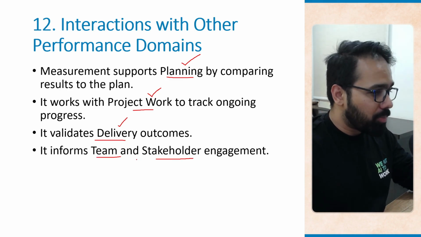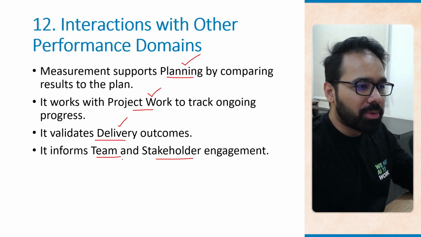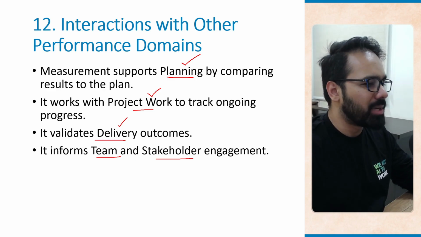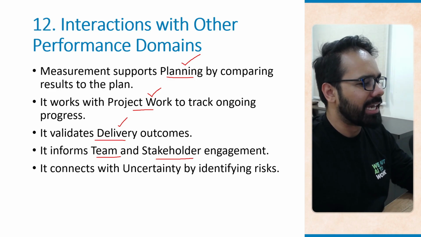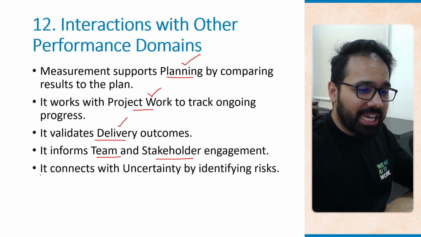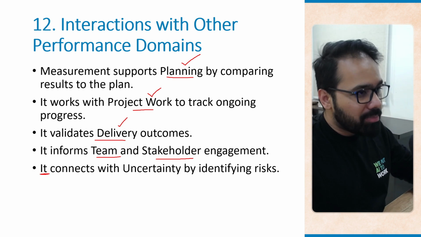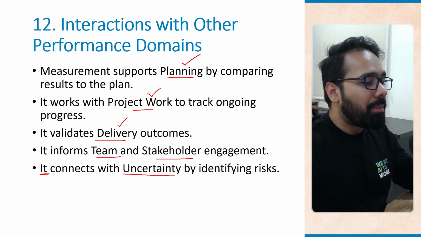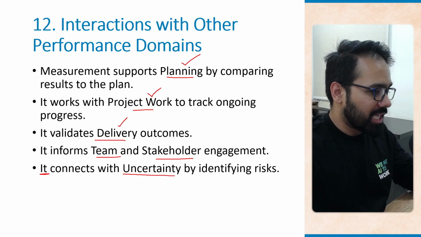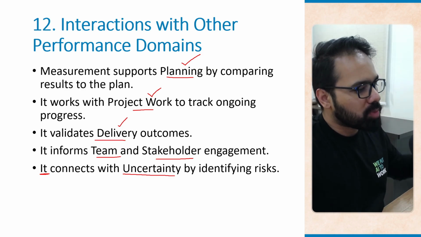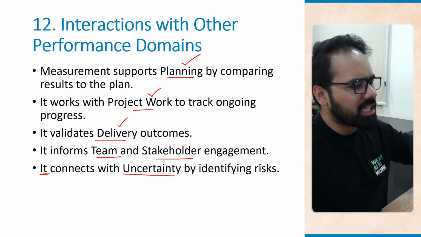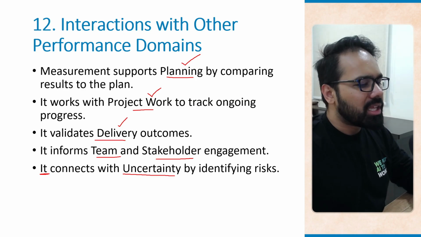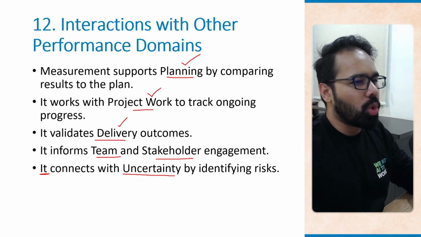Dashboards and reports keep both developers as well as management and other stakeholders aligned. It also connects. When we say it, we are talking about the measurement performance domain, by the way. So measurement performance domain connects with uncertainty by identifying risks. As an example, if the resource burn rate is much higher than planned, it signals a risk of budget overrun.